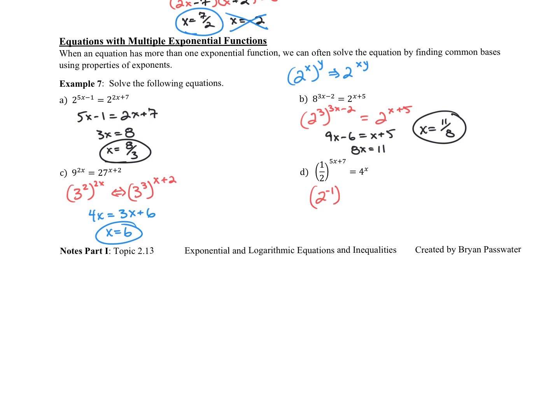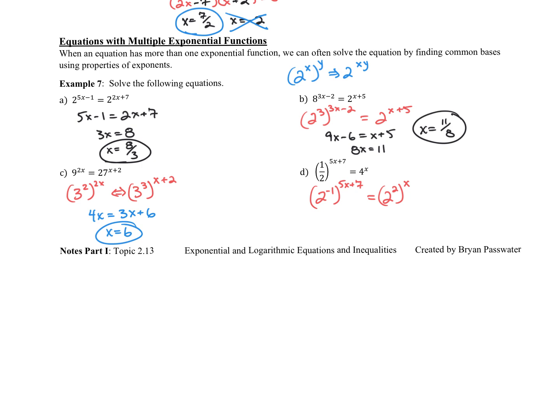Because where does it go? In the basement. And so it'd be 2 to the power of -1 to the power of 5x plus 7, which would be equal to 2 to the power of 2 to the power of x. Now I have the same bases, so I can get rid of those bases.